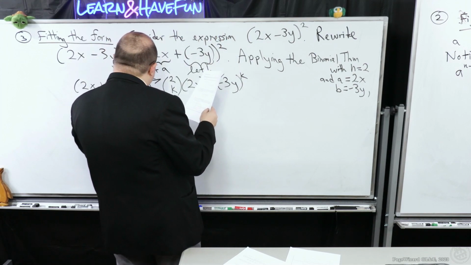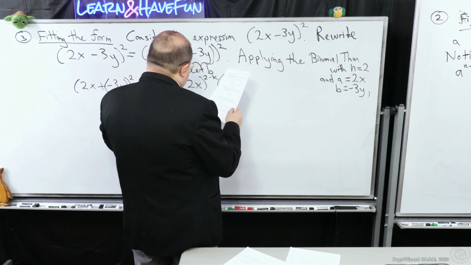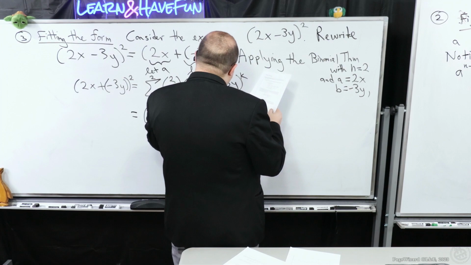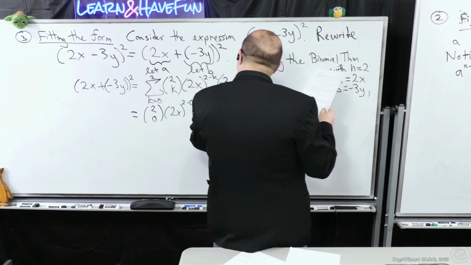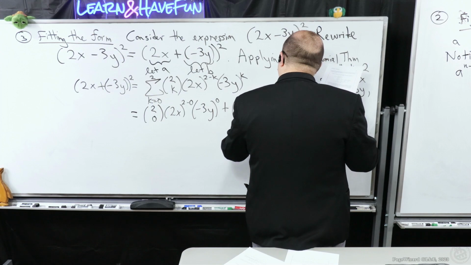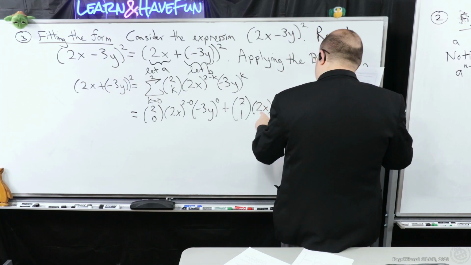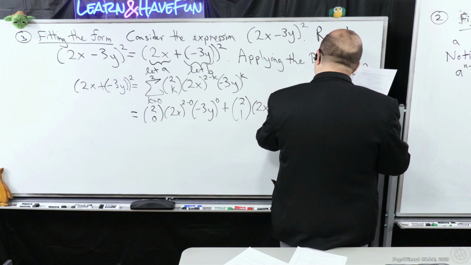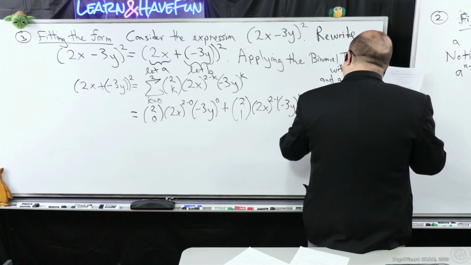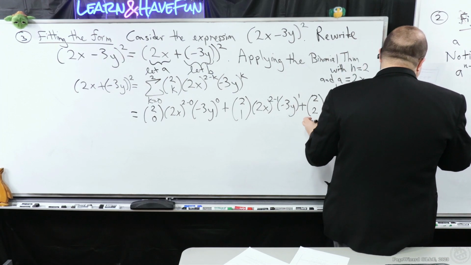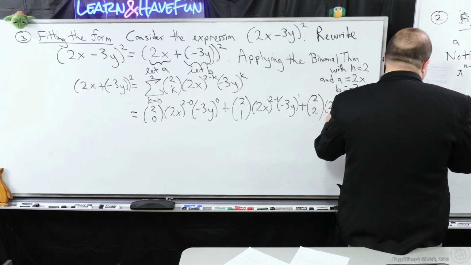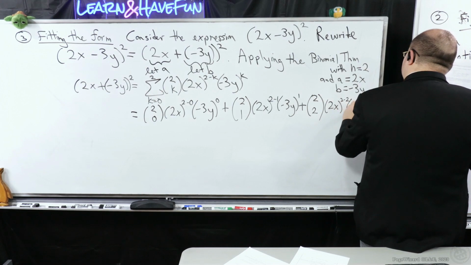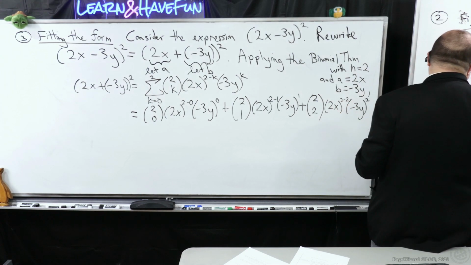So I have 2 choose 0 times 2x to the power of 2 minus 0 times minus 3y to the power of 0, plus 2 choose 1 times 2x to the power of 2 minus 1 times minus 3y to the power of 1, plus 2 choose 2 times 2x to the power of 2 minus 2 times minus 3y to the power of 2.